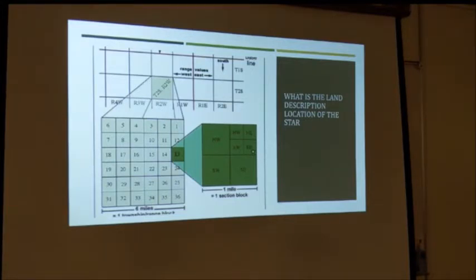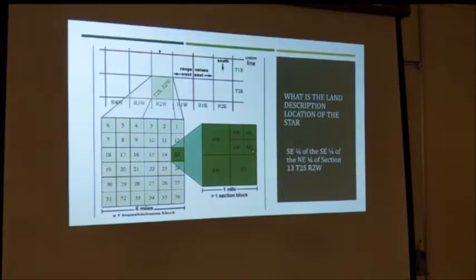So we're going to do where that star is located within that northeast quarter, which would be the southeast quarter. And then you go backwards to the northeast quarter. And then you go back to section 13, and then Township 2 South, Range 2 West.